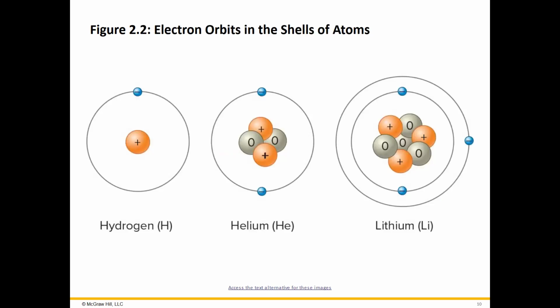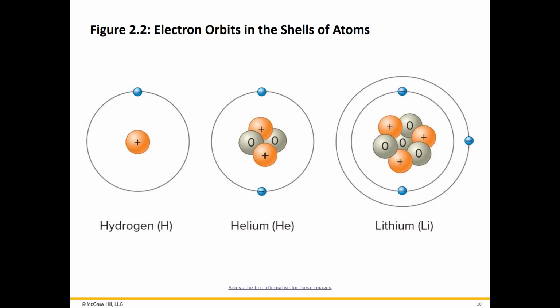So let's take a look at these. Hydrogen has 1 electron, so it has 1 shell. Does that shell have 2 electrons? No, it does not. So is it stable? No, it's not, because that shell wants to have 2 electrons. Now, hydrogen has 1 proton, so its atomic number is 1.